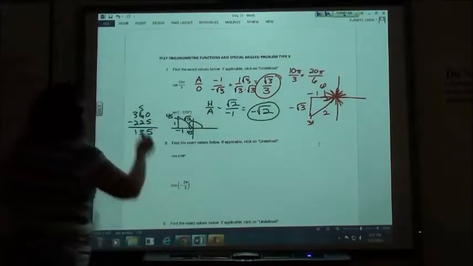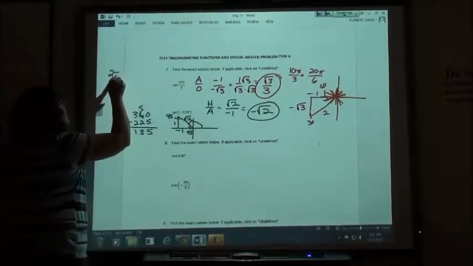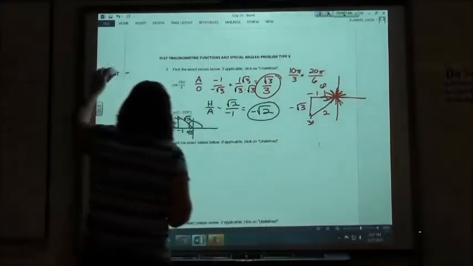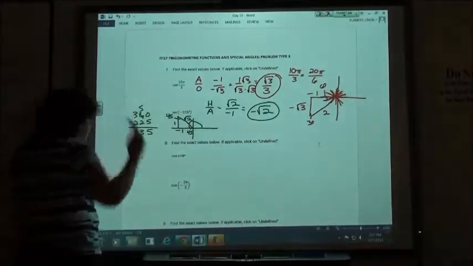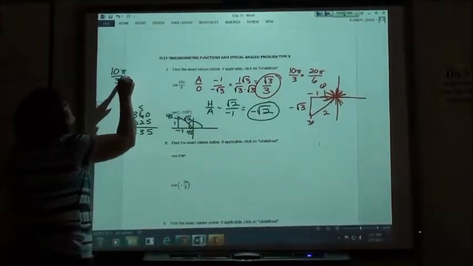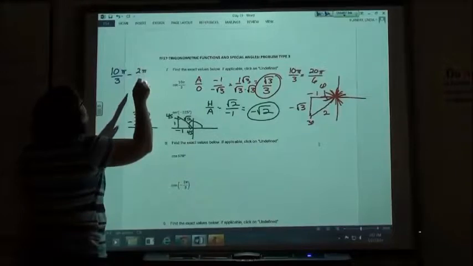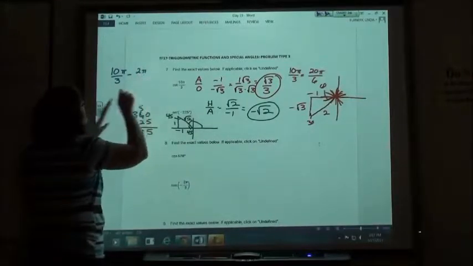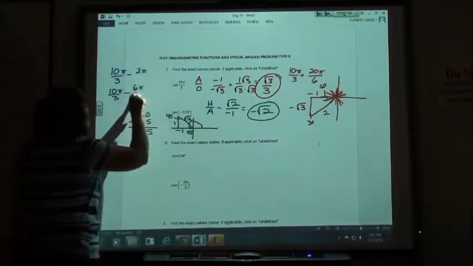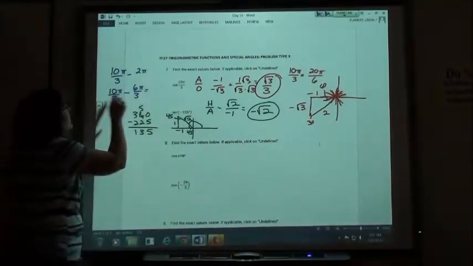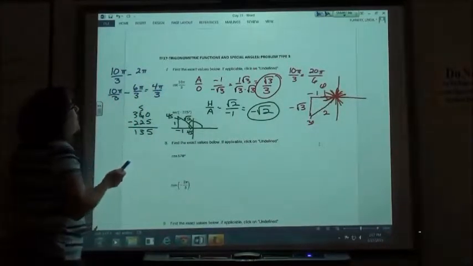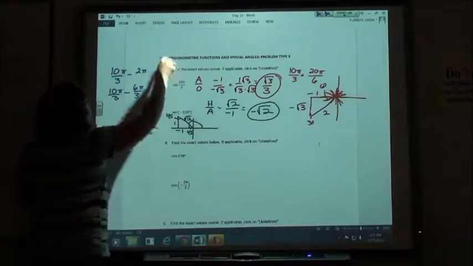So just for fun, since 10 pi over 3 is bigger, I want to take 10 pi over 3 and subtract 2 pi. 2 pi times 3 is 6 pi over 3, so 10 pi over 3 minus 6 pi over 3 would give me 4 pi over 3.